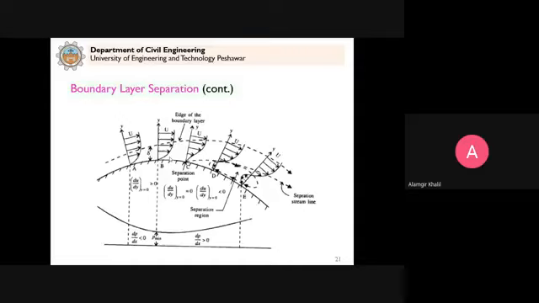You can see here, before I explain this figure, the effect of shape on this boundary layer separation. Now in this case you see that the flow occurs, but the shape is very similar to that of a flat plate that we studied earlier. So you see there is no separation on the top surface as well as at the bottom surface.